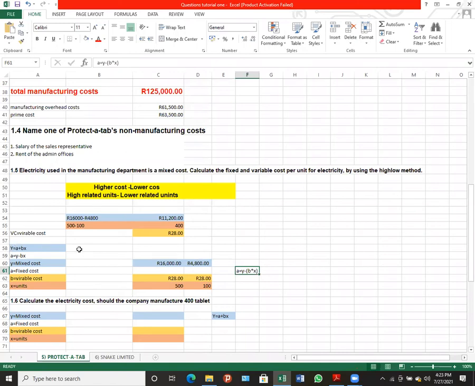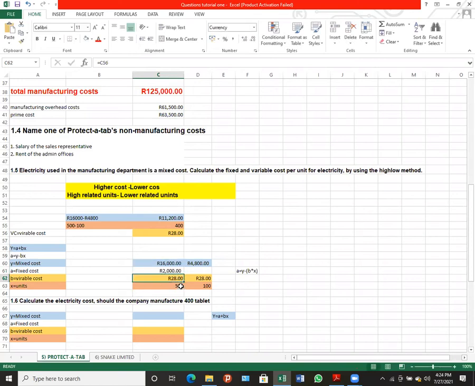That is why our Y comes with a negative sign. Which means to calculate the fixed cost, we are going to do Y minus B times X.